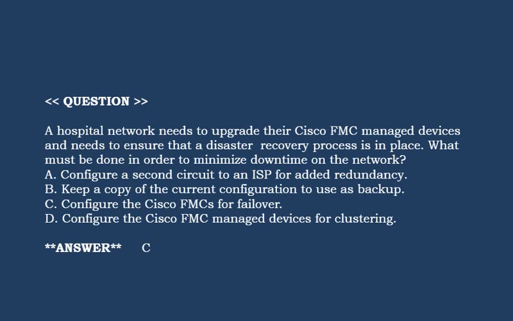Option B. Keep a copy of the current configuration to use as a backup. Option C. Configure the Cisco FMCs for failover. Option D. Configure the Cisco FMC managed devices for clustering. Correct answer is option C.